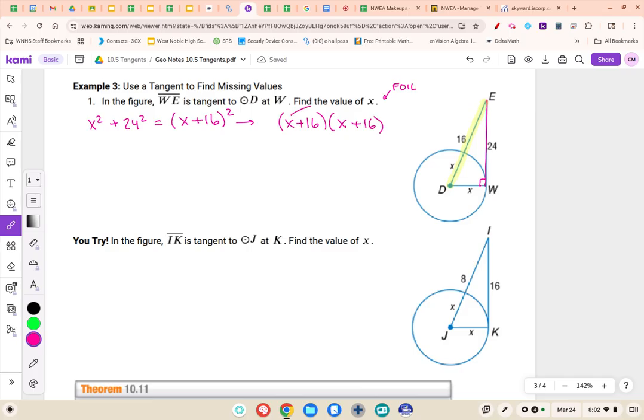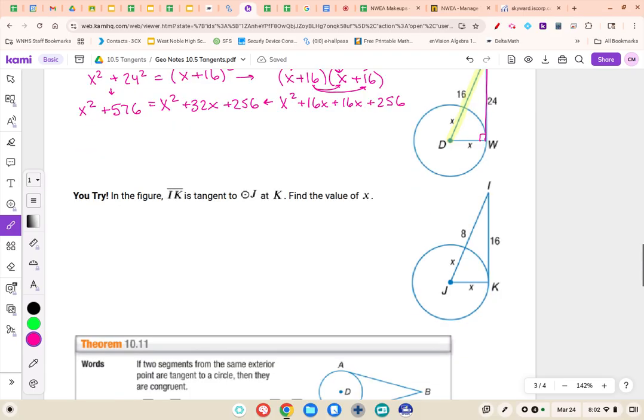Remember, FOIL means multiply your first two things, x squared, then your outside two things, plus 16x, then your inside two things, plus 16x, and then your last two things, plus 256. Now, I'm going to combine like terms, but I'm going to move it over here, so that way it's part of my problem again. I have x squared plus 32x plus 256, and then I'm going to bring down this stuff, x squared plus 576.